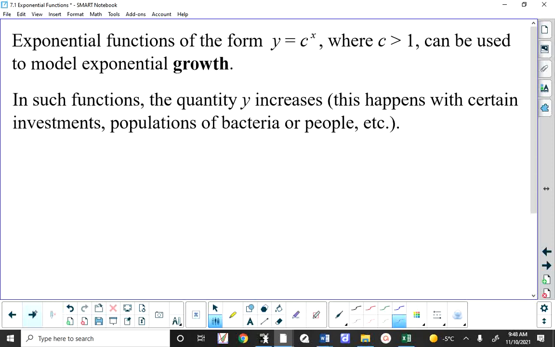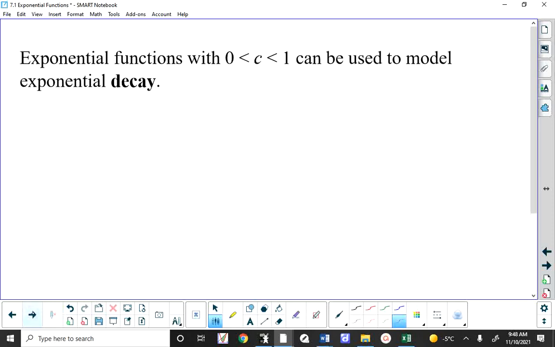And by the way, bacteria multiply by the process of biological fission, where cells split. So one bacteria becomes 2, 2 become 4, 4 becomes 8. Well, that would be y equals 2 to the x, because it's doubling. Populations of people as well, although people don't split, they grow exponentially for other reasons.